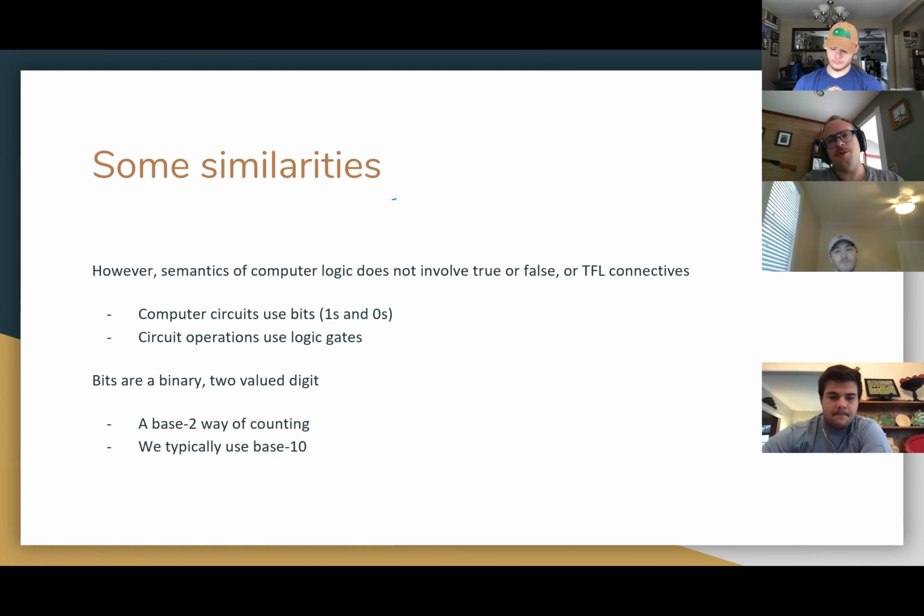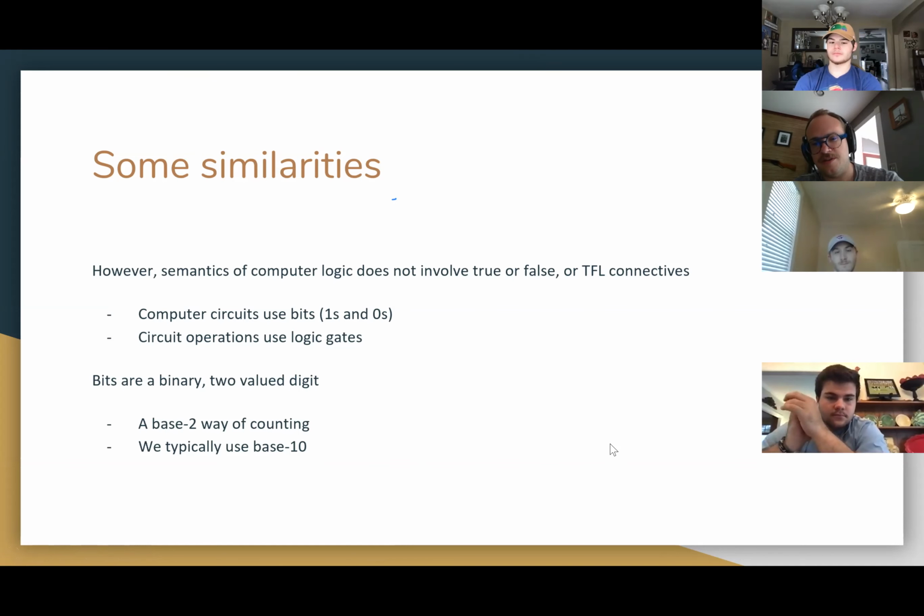All right, first a little bit about bits. How many of you have encountered the idea of a bit before? No? Okay. So bits are binary. They're a two-value digit.